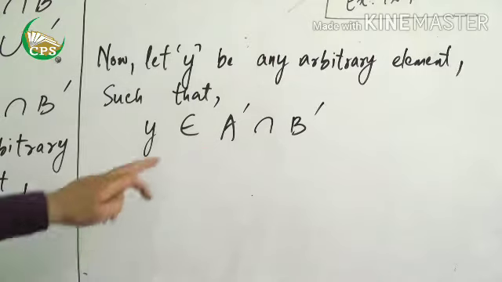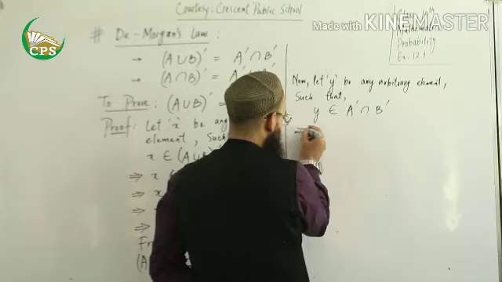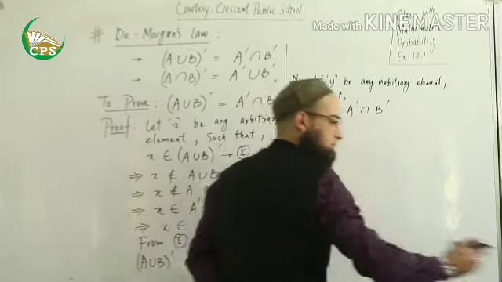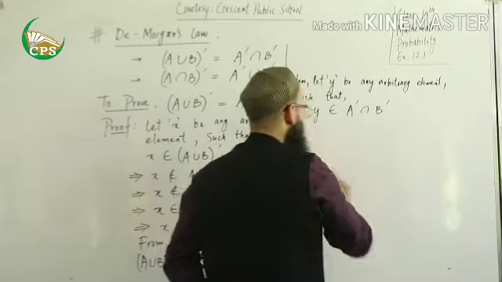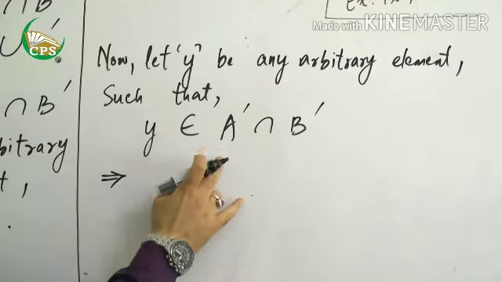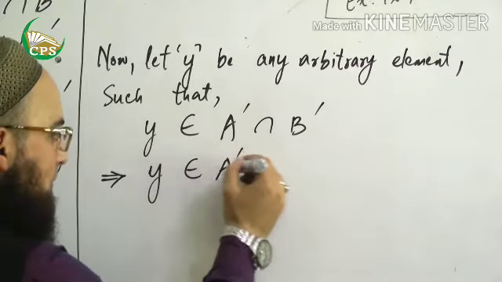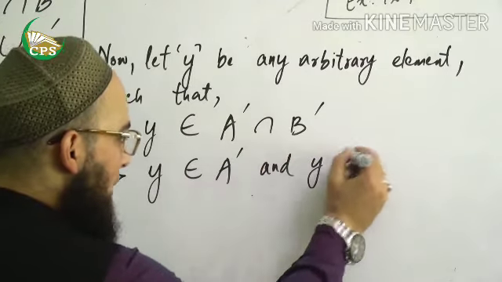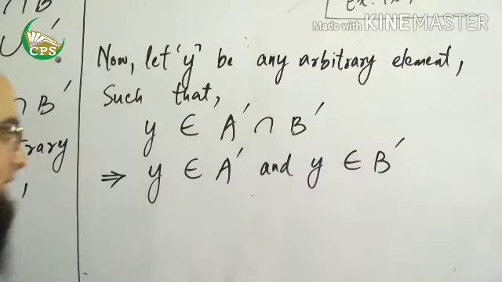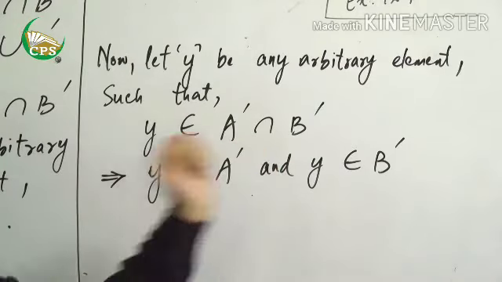Y belongs to A complement intersection B complement, which implies that if Y is present in A complement intersection B complement, Y is present in A complement and Y also belongs to B complement. That's why it is present in A complement intersection B complement.